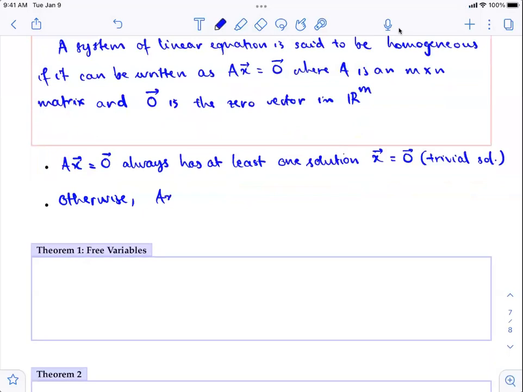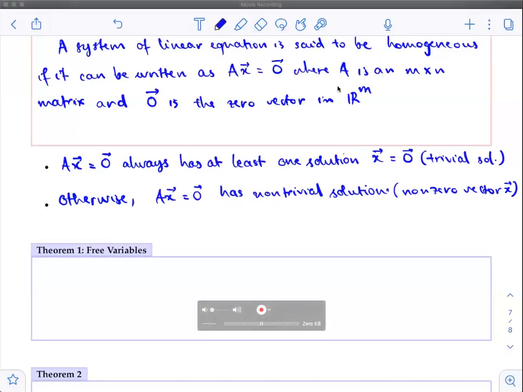Otherwise, Ax equal to 0 has non-trivial solutions, or non-zero vector x. All right, so Ax equal to 0, a homogeneous linear system, is always consistent, because it always has at least one solution.